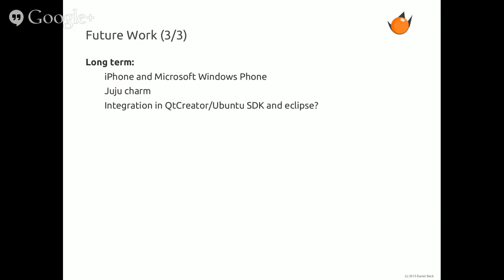Long-term work: iPhone and Microsoft Windows Phone support. I plan also at creating a to-do charm so that if someone wants to run Physalis on his own server, he can do it very easily. So the configuration should be easy.